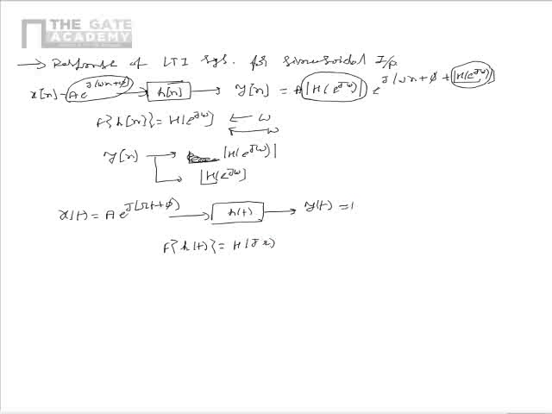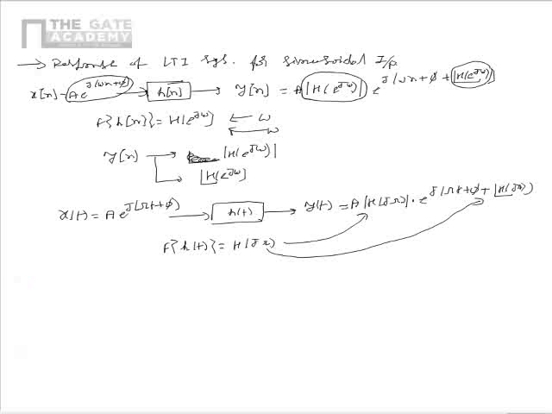So y of t is equal to A times magnitude of H of j omega multiplied by e power j omega t plus phi plus phase of H of j omega. From this we see that the magnitude of y of t gets scaled by magnitude of H of j omega, and the phase of y of t gets shifted by phase of H of j omega. So given a sinusoidal input to an LTI system, we can obtain the output y of t from the frequency response of the LTI system.